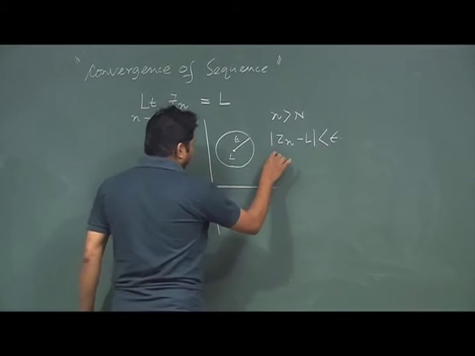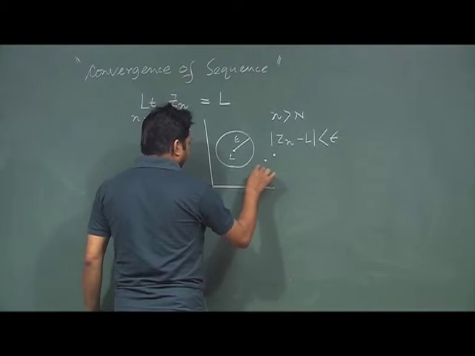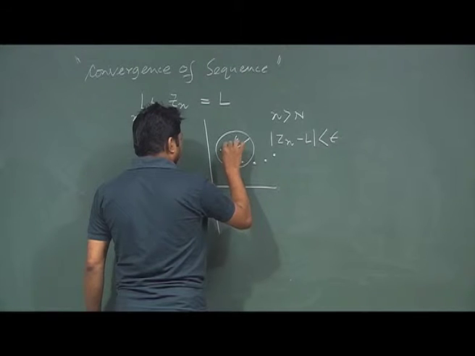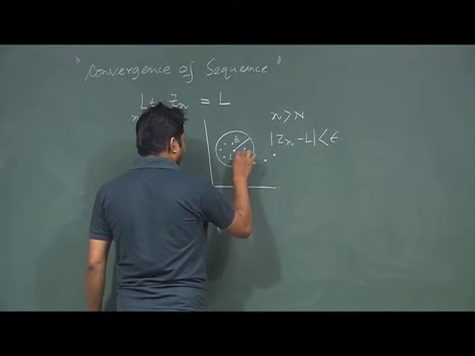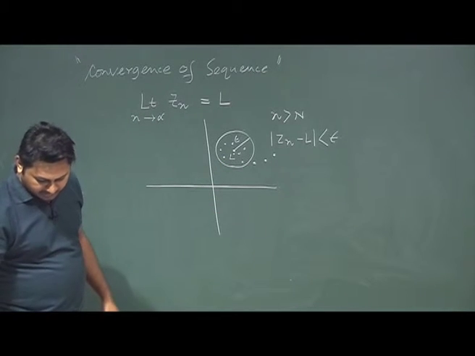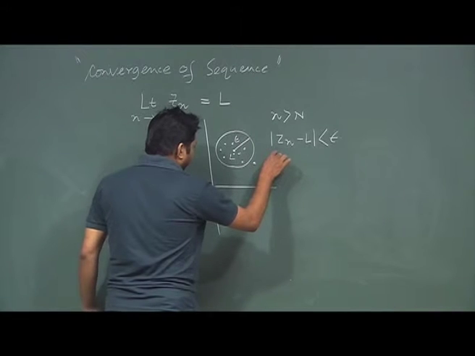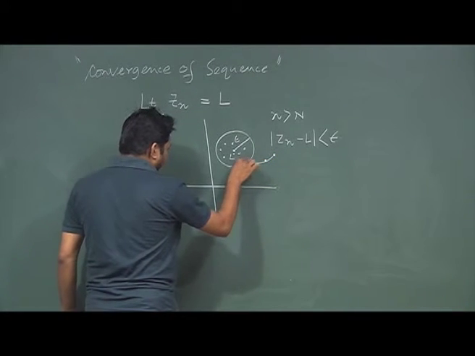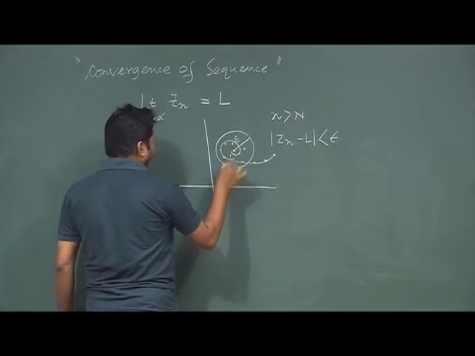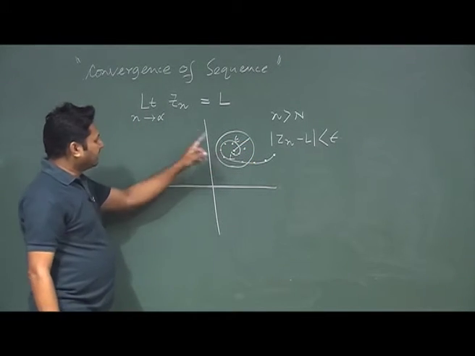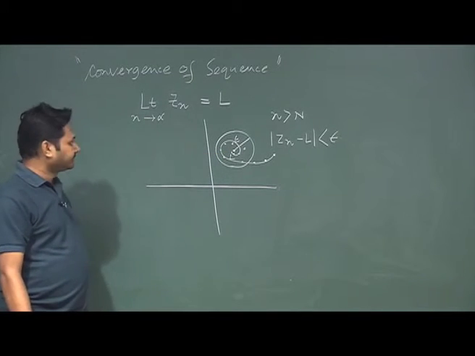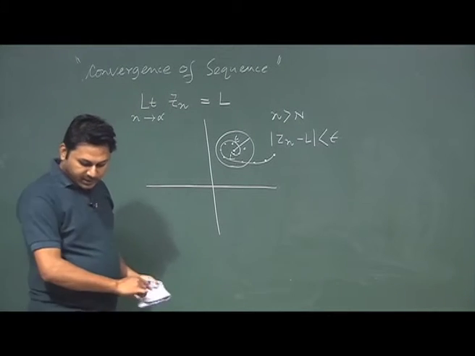So some point is here, some point is here, here, here. As I increase the value of n, the points tend to go to some specific value L. If that is the case, that means the sequence is converging, and converging to the value L. So let me give you another example.